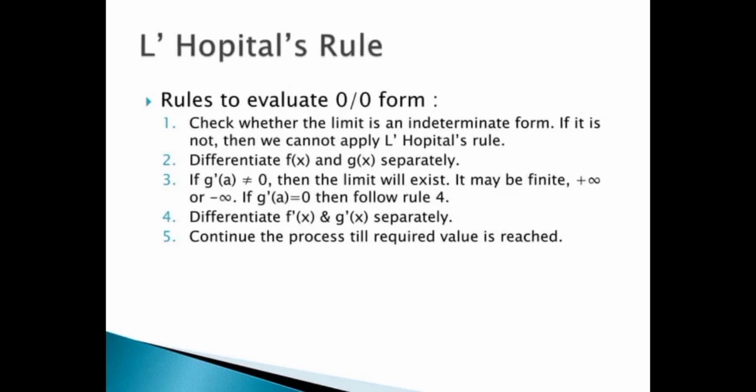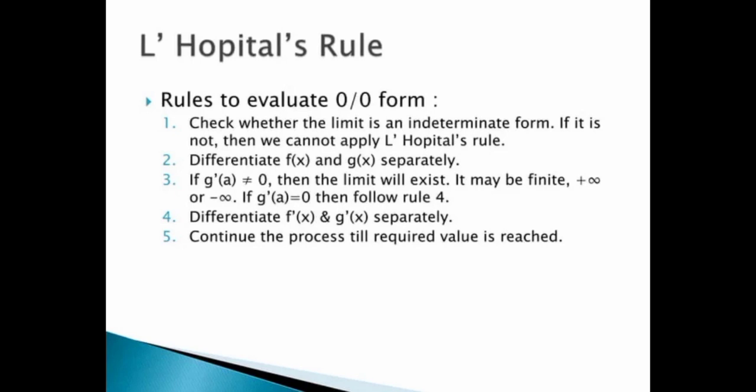So, the rules to evaluate the 0 over 0 form. First, check whether the limit is an indeterminate form. If it is not, then we cannot apply L'Hospital's rule. Number 2, differentiate f of x and g of x separately. The third one: if g prime of a does not equal 0, then the limit will exist.